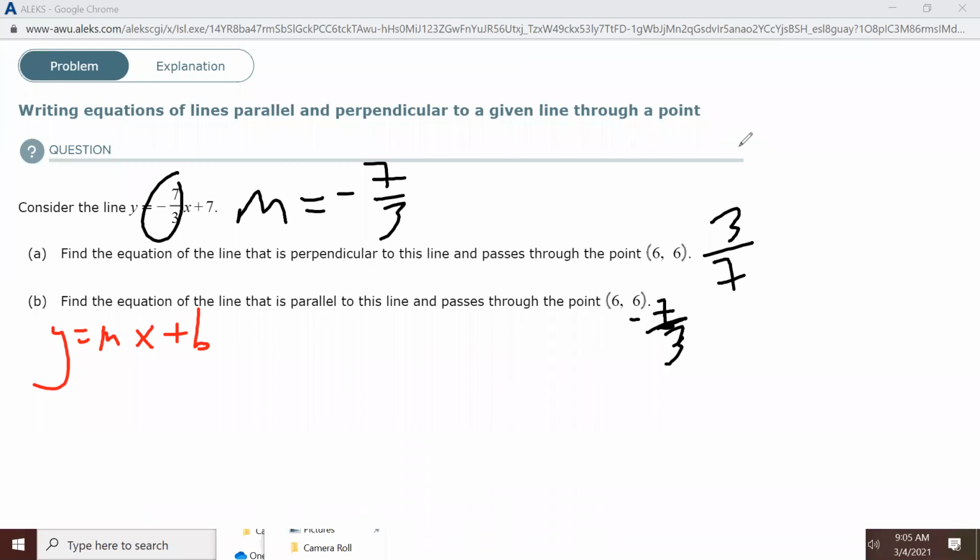Now let's solve for part B. And we do it in the same way. We plug in the slope of -7/3, plug in the given point, and then solve for b.